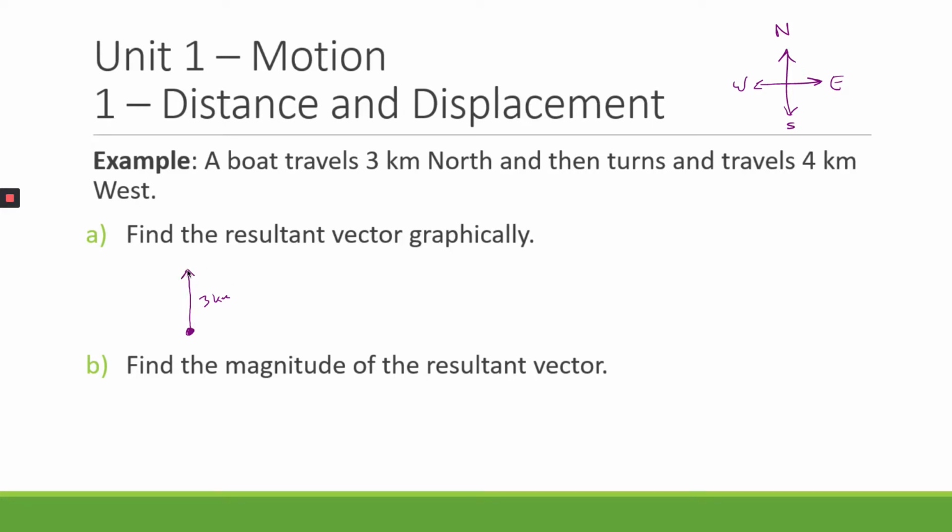So we're 3 kilometers north, we're here, and now we're going 4 kilometers west. Your resultant vector would be from the start to the finish. So it would be a line directly between the 2 points, pointing to the finish.